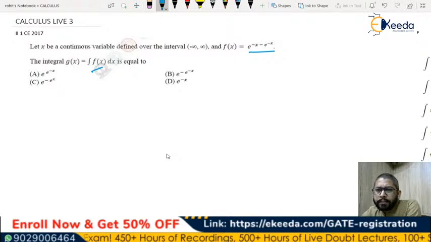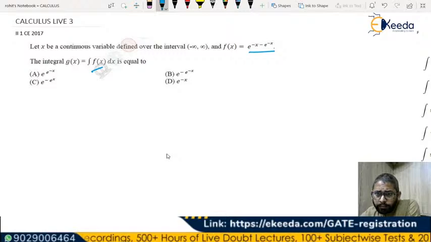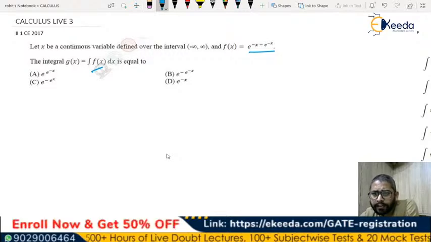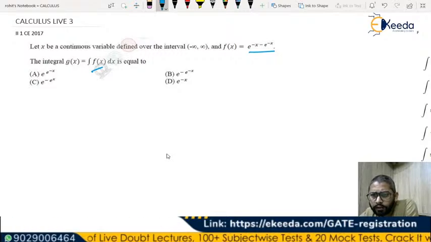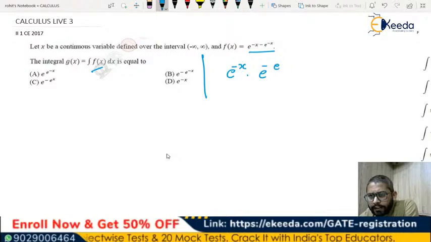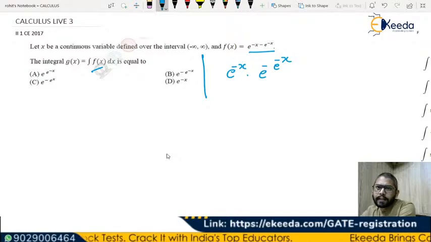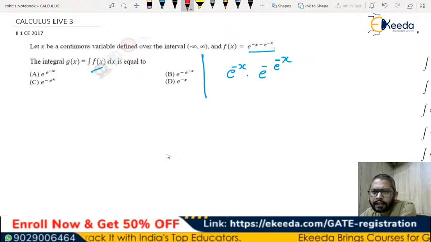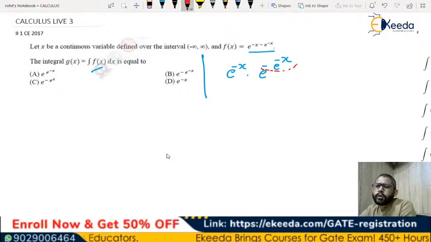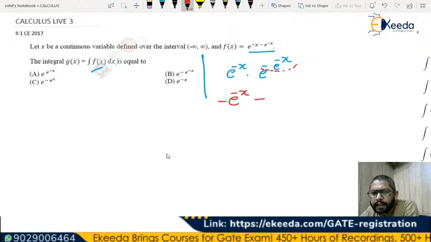Now if you see clearly, as per the property of exponential functions, we can split it and write it as e to the power of minus x into e to the power of minus e to the power of minus x. And let's substitute minus e to the power of minus x as t.